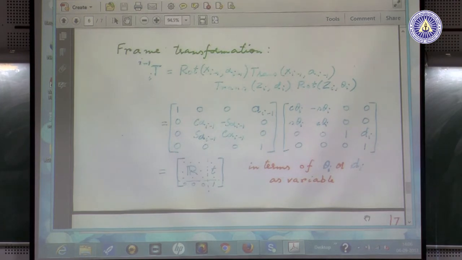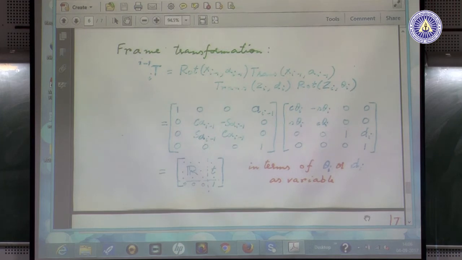So, the key point here is that this entire thing that you will get, that is these 12 things that you will have in this rotation and translation, that entire thing will be in terms of theta i or d i. Other things are also there, but other things are fixed. Okay.